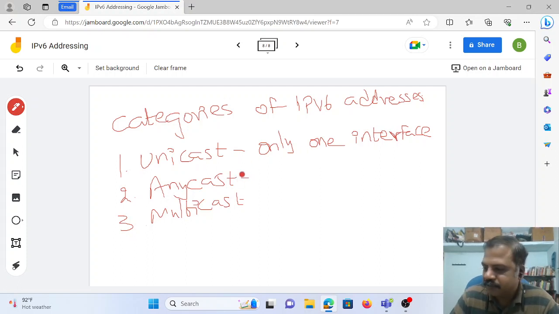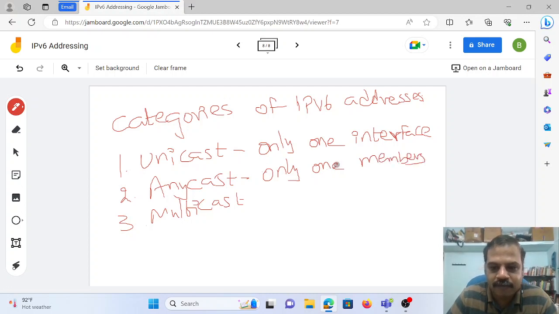And anycast represents a group of computers with a common prefix. If you have 10 computers with the common prefix, the data will be delivered to only one member of the group, not all the members of the group.